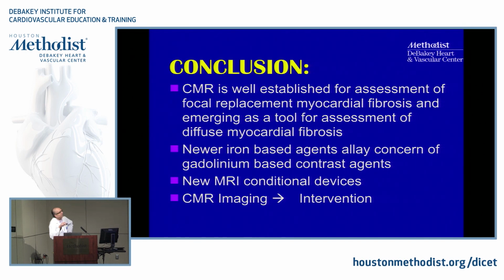I think newer MRI contrast agents have eliminated the issue of gadolinium concerns and renal failure in patients needing vascular imaging. I think the issue of MRI with devices has at least been partially overcome. Again, using a careful approach, most patients with devices can in fact be imaged now.